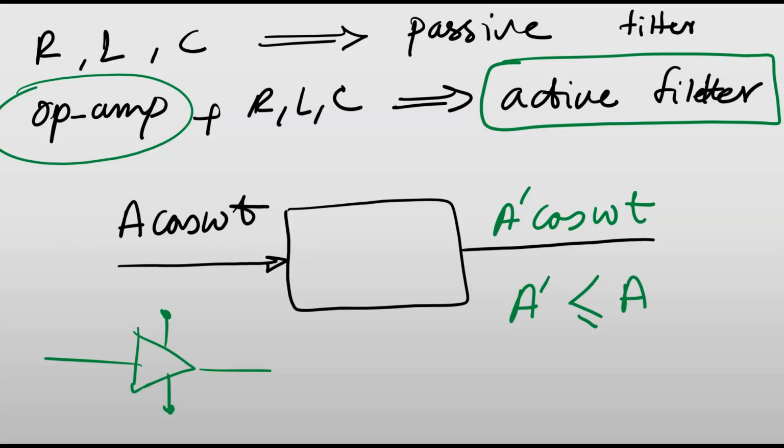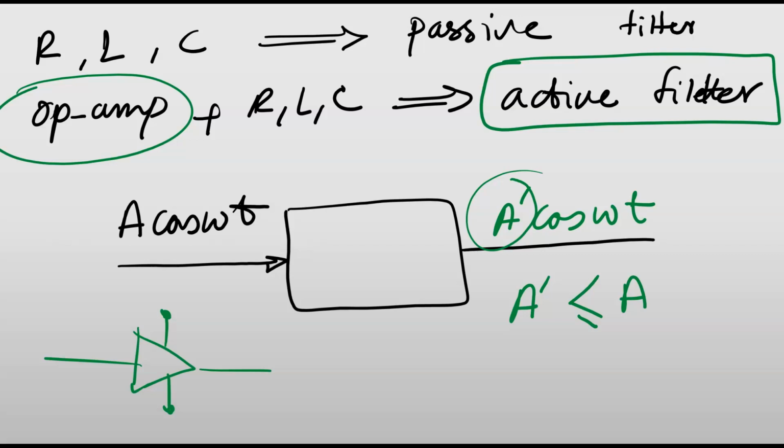So it is possible to have a gain that is greater than your input gain. The active filter can magnify, but the passive filter cannot magnify your input magnitude. The best case scenario is that it will let the signal go through and keep its magnitude, and it doesn't drop the magnitude. That's the best case scenario.